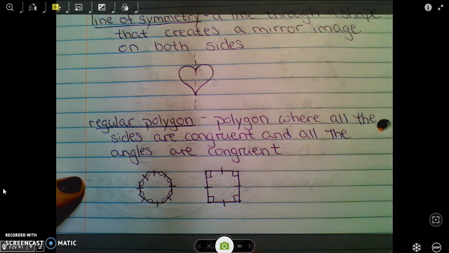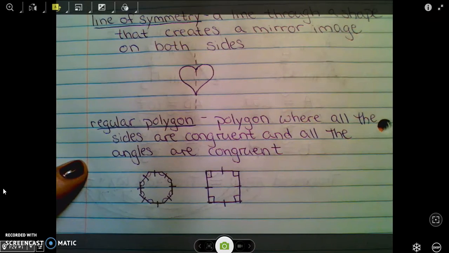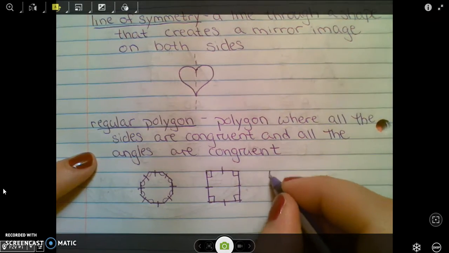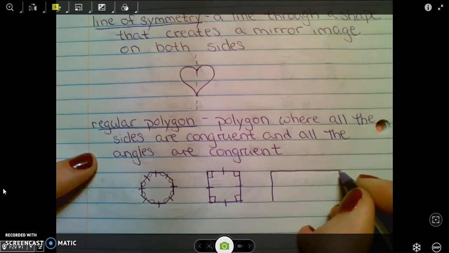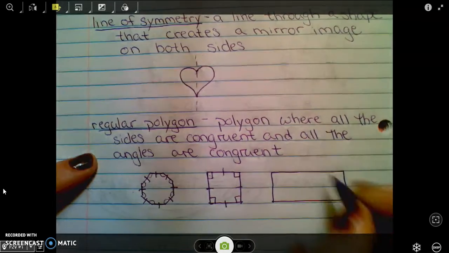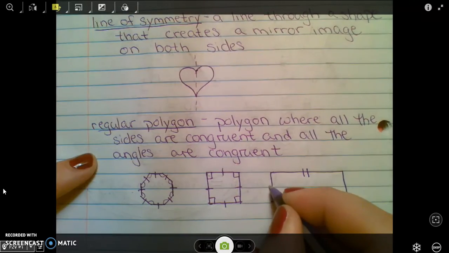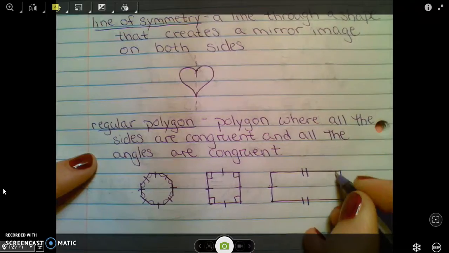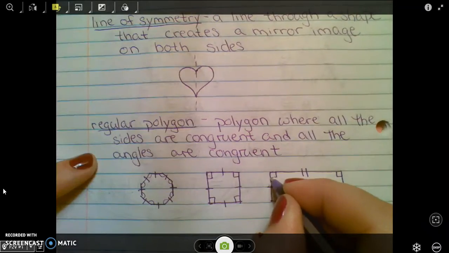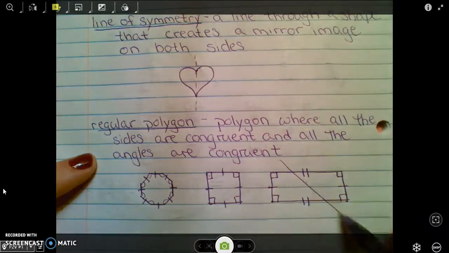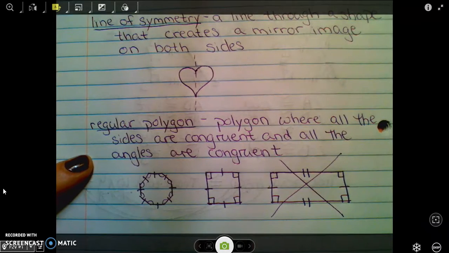Okay? Something that would not be a regular polygon would be a rectangle. I would have two sides that are the same as one another and another two sides that are the same. So I'm going to draw a big X through this after I draw it, because that is not a regular polygon.